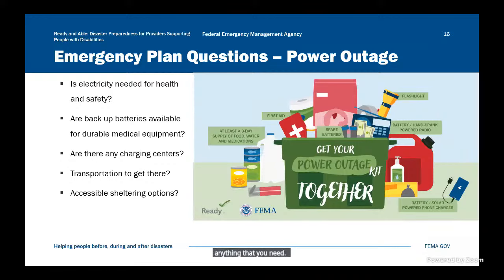Things like accessible sheltering. Is electricity needed for anything life sustaining? Something else to think about, which FEMA doesn't really get involved in because it's not a specific event, is extreme heat.